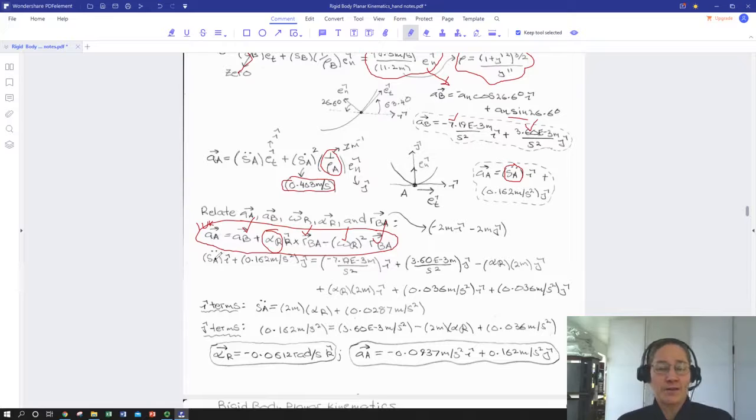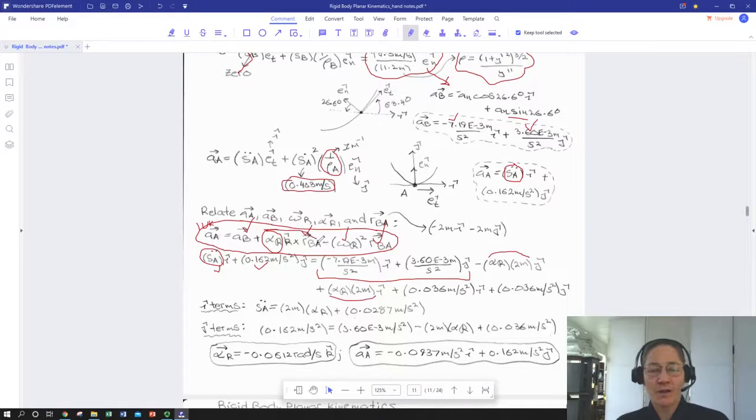So all we have to do is input everything we know. So here's our acceleration of point A in i hat, j hat with our one unknown here, and here's our acceleration of B term. Here's our alpha crossed into this radius vector, already cross-producted out, multiplied out.